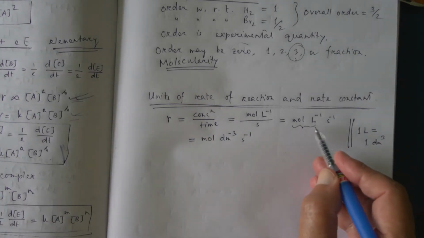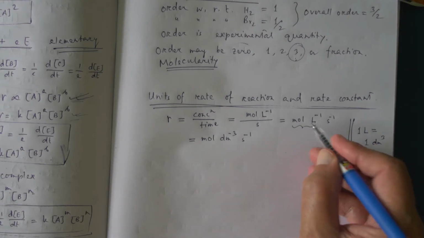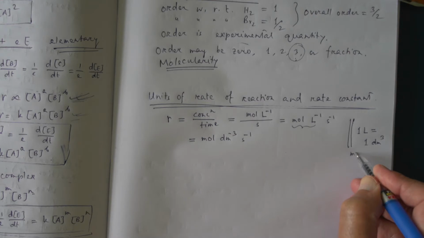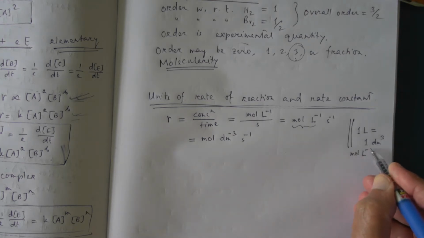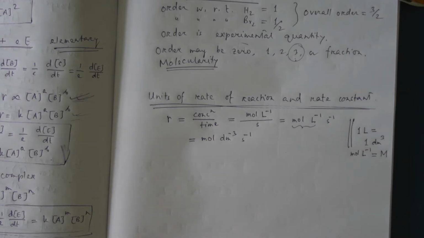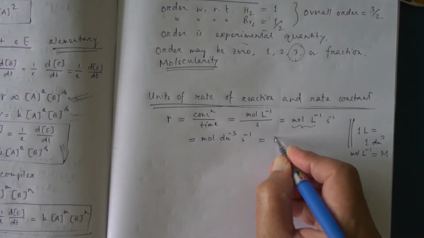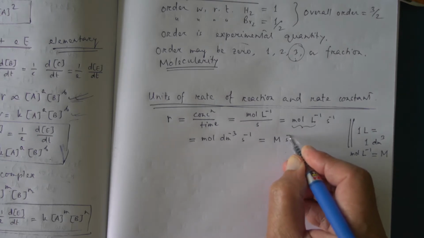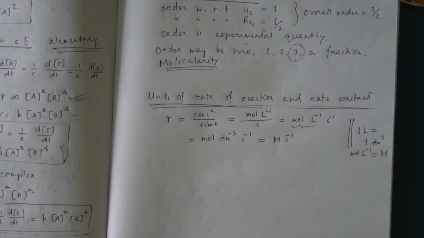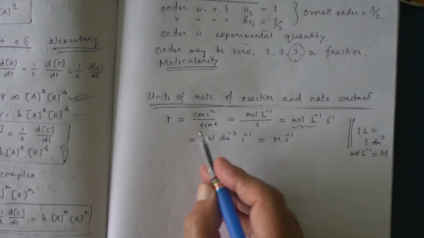And mole per liter is also called molar. So we can write it like this: molar per second. So this is the unit of rate of reaction.